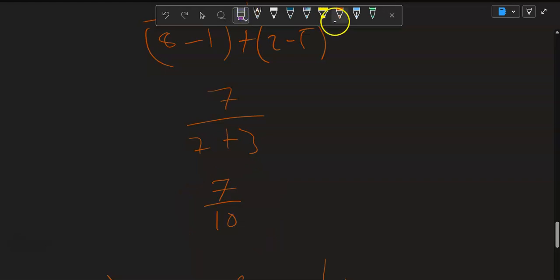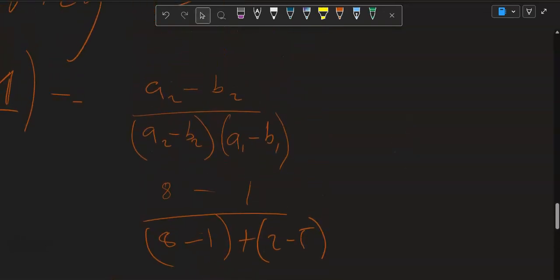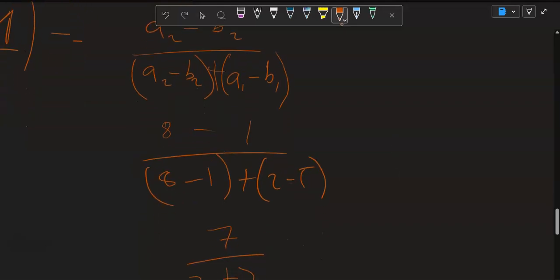I had made an error, but I corrected it. You can just look at the formula again: A2 minus B2 over A2 minus B2 plus A1 minus B1, and the values are going like 8 minus 1, and so on.